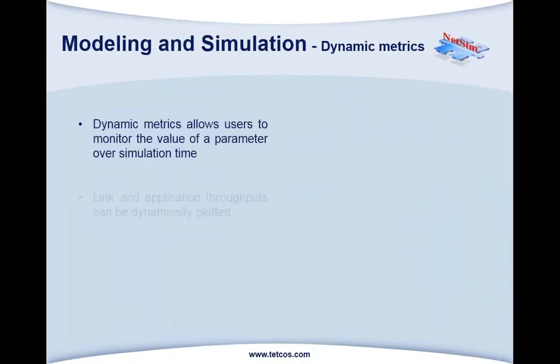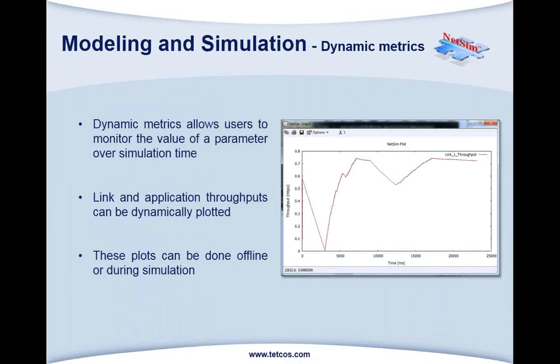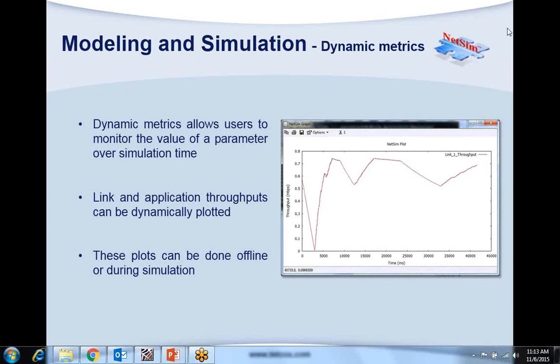I'm giving you the brief, and we'll go to the software and do the analysis. Okay. So dynamic metrics. In dynamic metrics, you can see in the screenshot there's a throughput graph, in which we can see the link throughput and application throughput. When we activate this application throughput in dynamic metrics, we'll see the application throughput and link throughput.